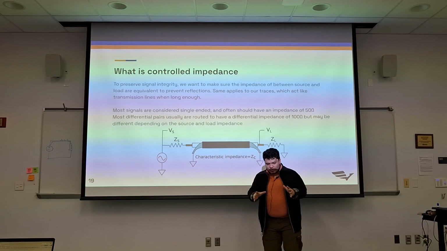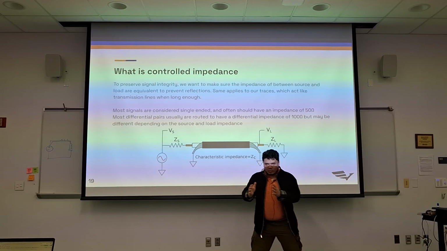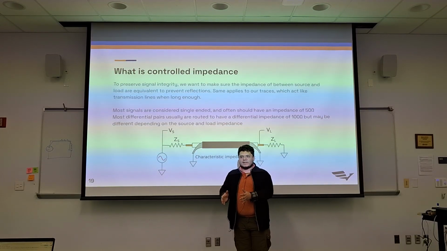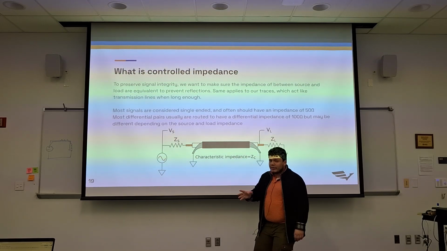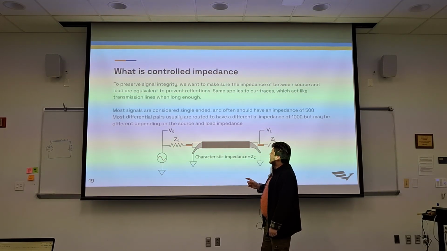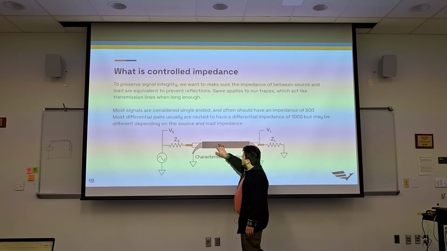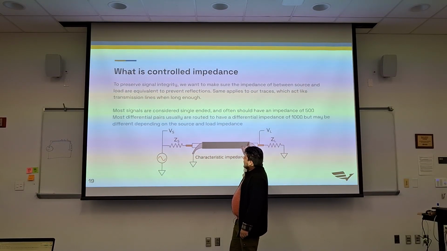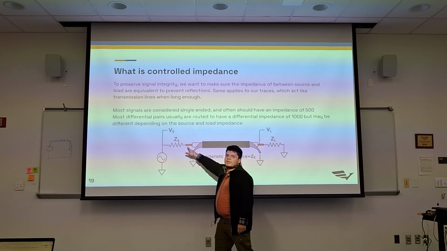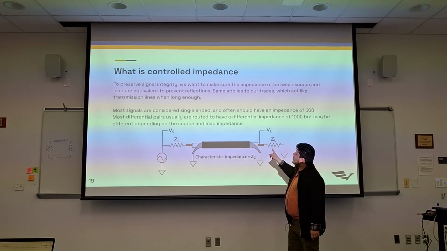Because otherwise we're going from water to honey to water, and that's going to cause a lot of reflections. And so, particularly for higher speed signals, we care about controlling the impedance of the trace we put on the PC board to be the same as our source and our load, right?